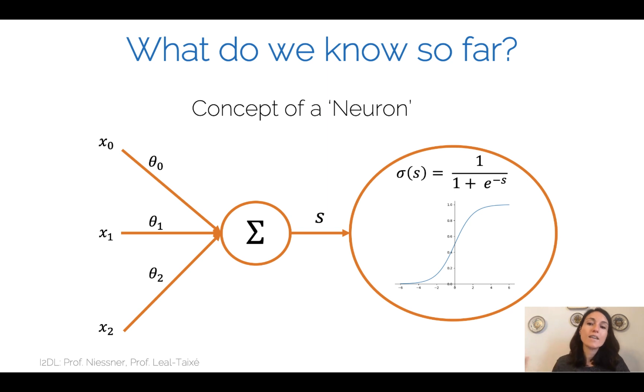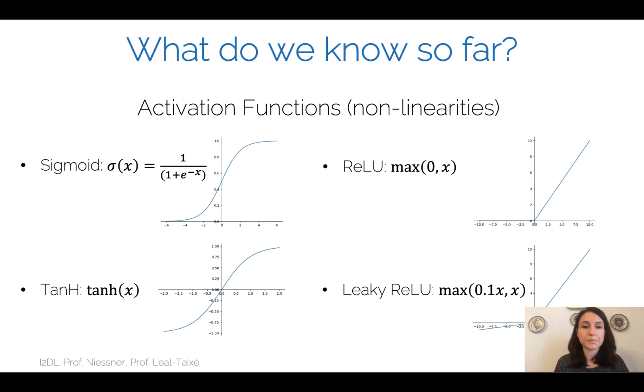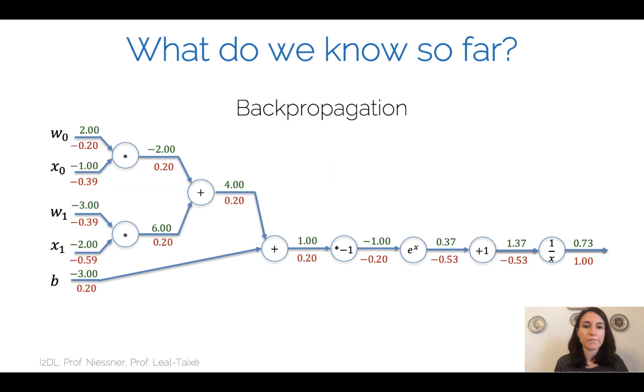And the cascade of these operations is what makes neural networks so powerful. We also saw different activation functions, different nonlinearities, how sigmoid is no longer used, even though people started using sigmoid and TanH, but quickly moved to ReLU and leaky ReLU, especially in the case of convolutional neural networks, which is something we haven't seen so far.